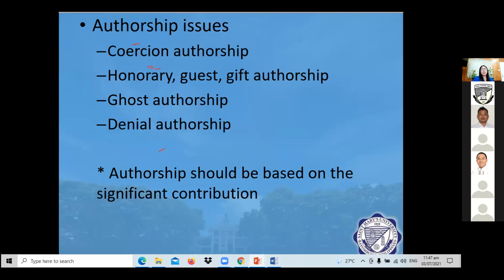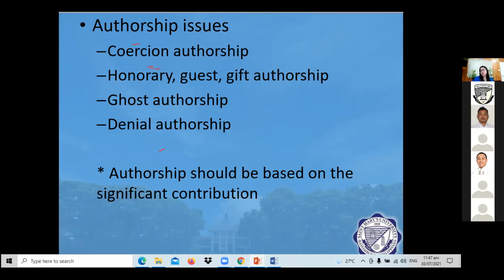So as an author, you must understand your paper. Even if the analysis was done by a statistician, and even if there are some corrections made by your language editor, it doesn't mean that it makes him or her already an author. So you paid for that service.